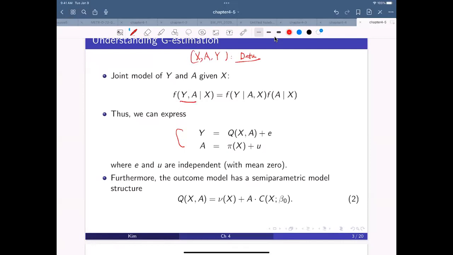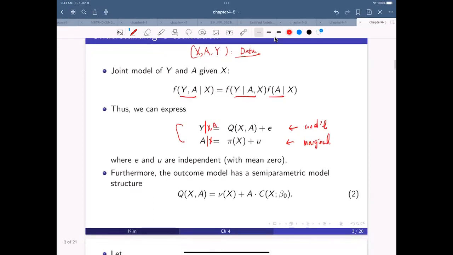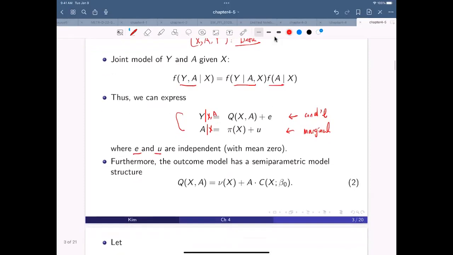This joint density is a conditional times marginal: the conditional is given X and A, while the marginal is for X. And for this conditional, the two error terms are independent and have mean zero.